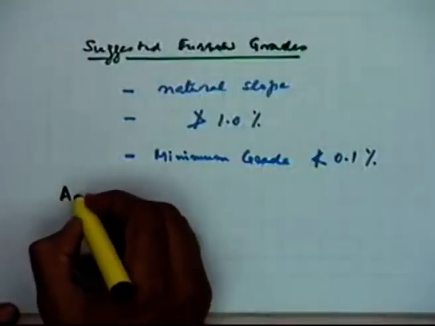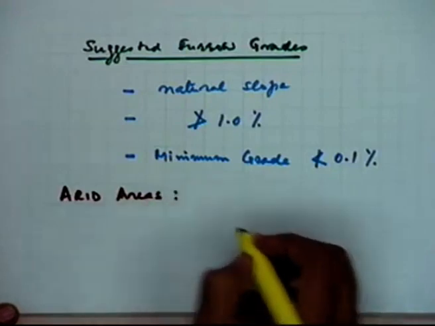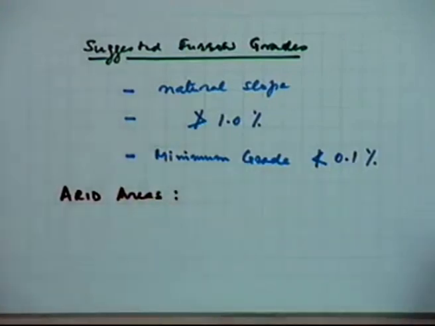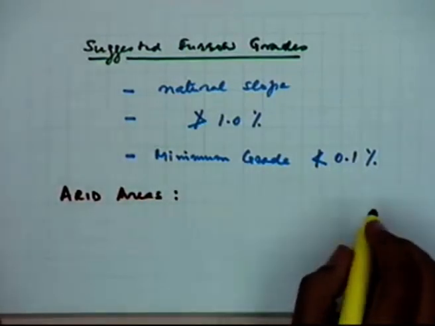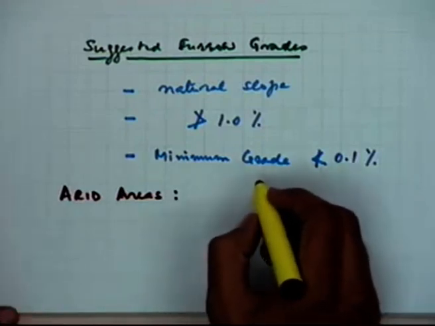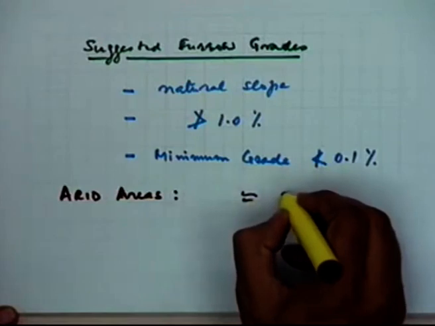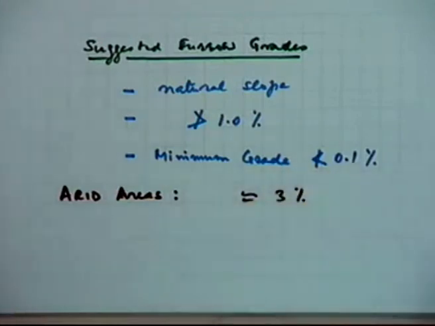So in arid areas, let's look at some of these. If you have arid areas, the rain will naturally be very small in these areas. You might be able to go up to slopes of around 3%.